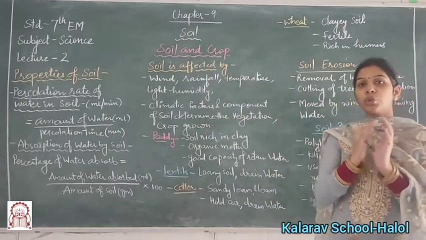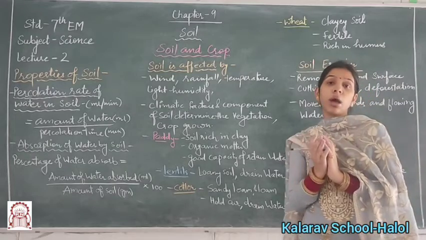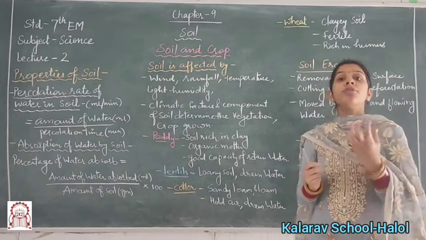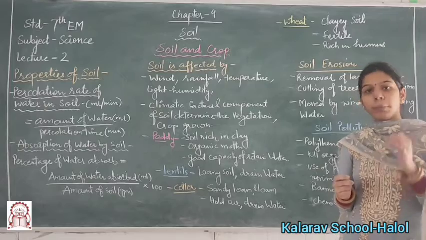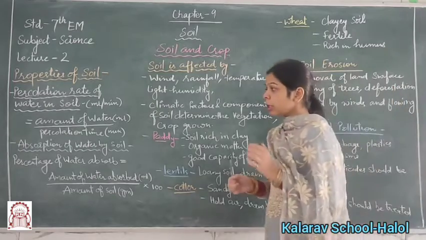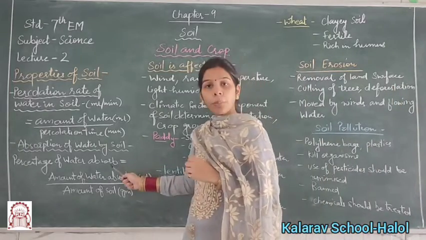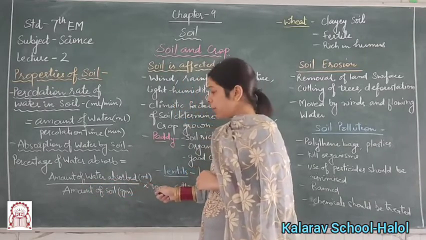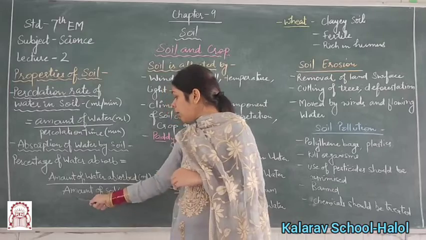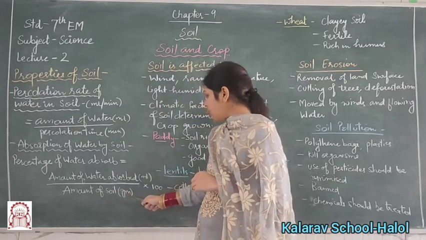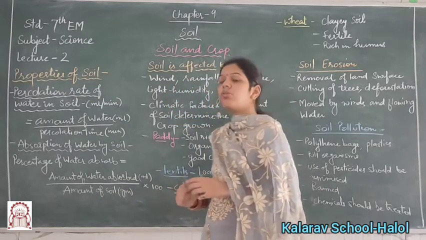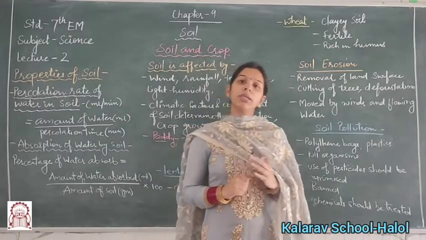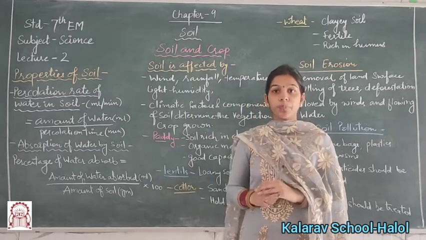So you can calculate how much is used for absorption. The percentage of water absorbed is the amount of water absorbed in ml, upon the amount of soil in gram, multiplied by 100.